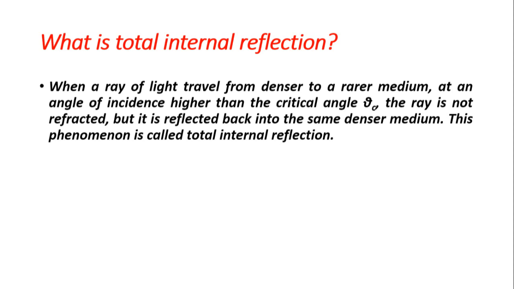Let's underline it: if any ray travelling from a denser to a rarer medium has an angle of incidence at the interface greater than the critical angle, without any refraction, the ray is completely reflected back into the same medium. This phenomenon is called total internal reflection.